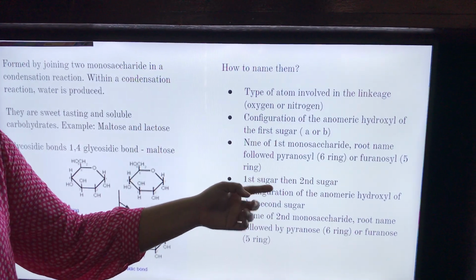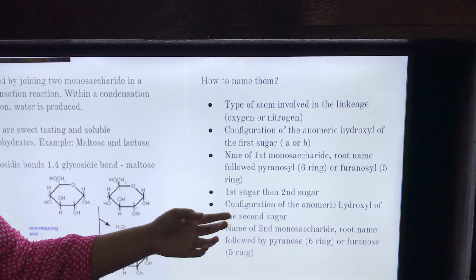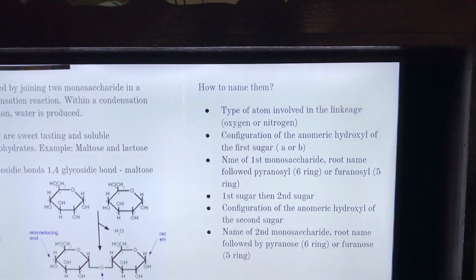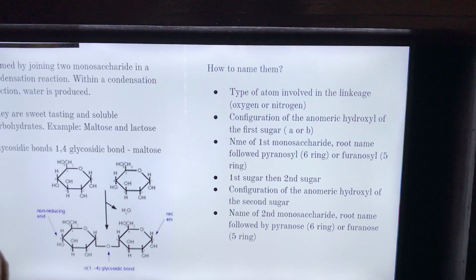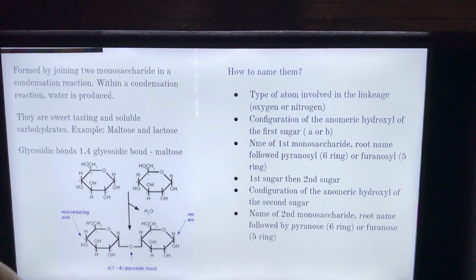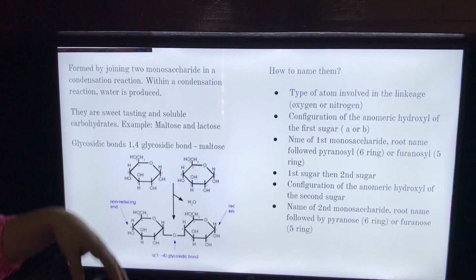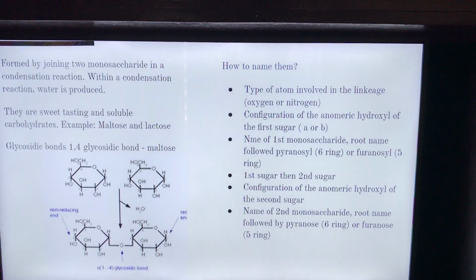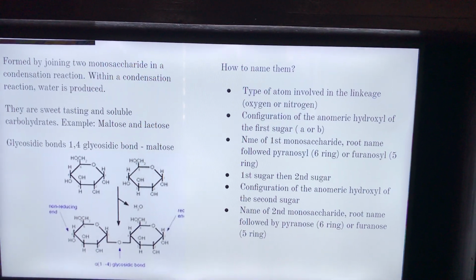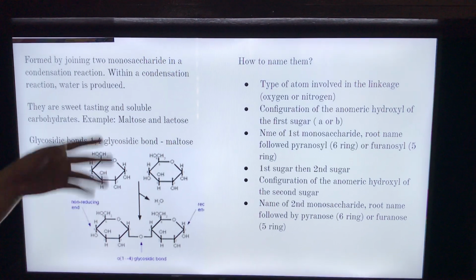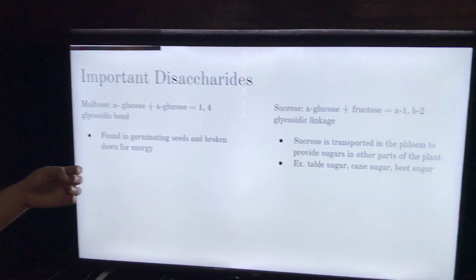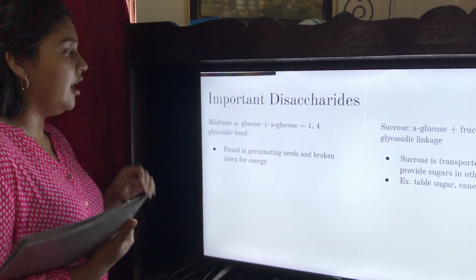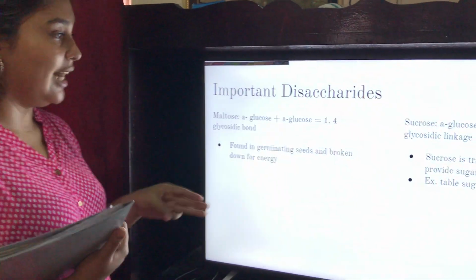Then the first sugar, then the second sugar, and then the configuration of the anomeric hydroxyl of the second sugar, and finally the name of the second monosaccharide, the root name, followed by pyranose. So it's a couple of repetitive steps, but it's very handy, and I will be giving examples further within the slides.